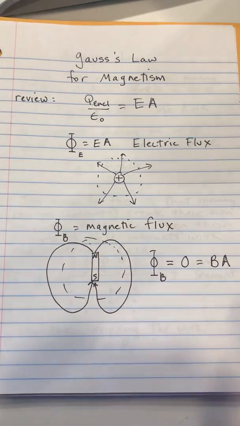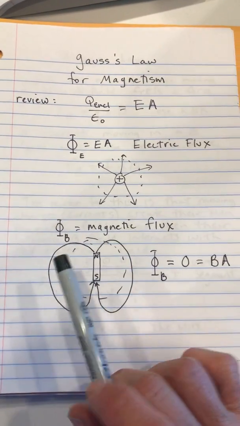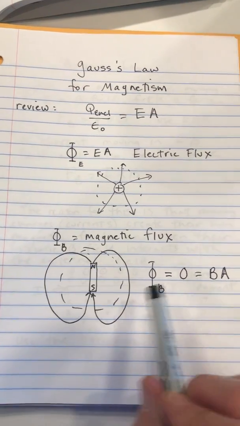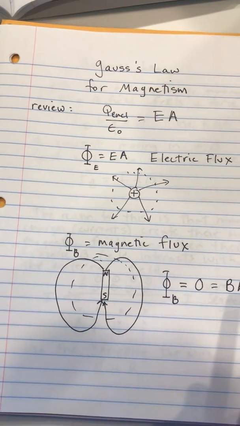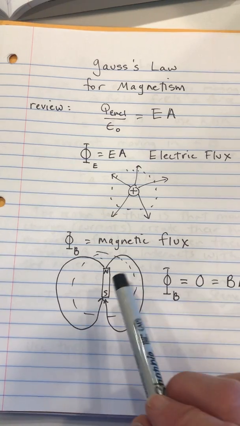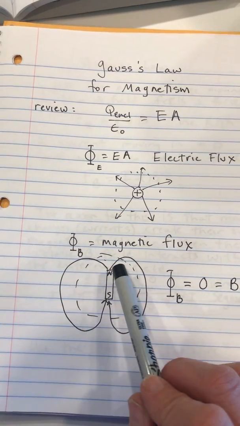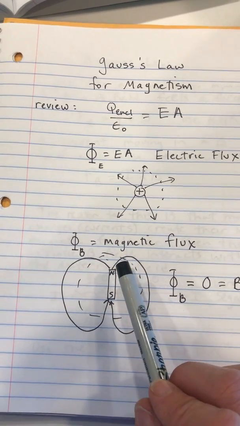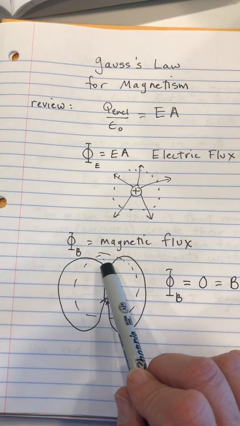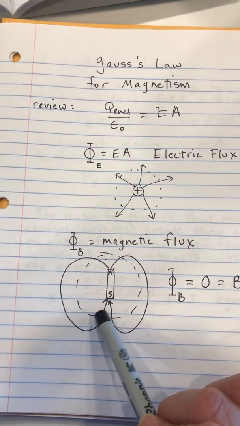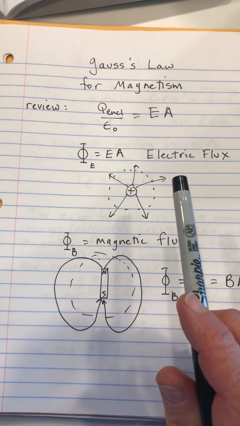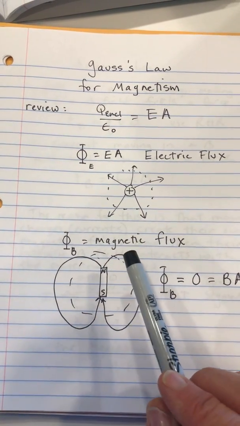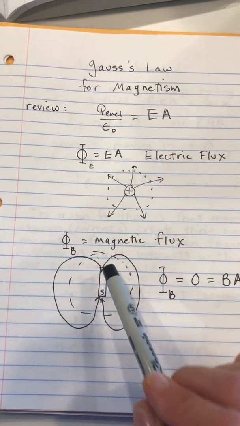Well, for magnetism, the same concept works. Gauss's law for magnetism still talks about magnetic flux, which is BA instead of EA. But here's the deal. If you take a magnet and enclose it with an imaginary circle, any magnetic field lines that go out have to come back in, because unlike an electric field where you can have just a positive charge, magnetism has to have a north and a south pole.